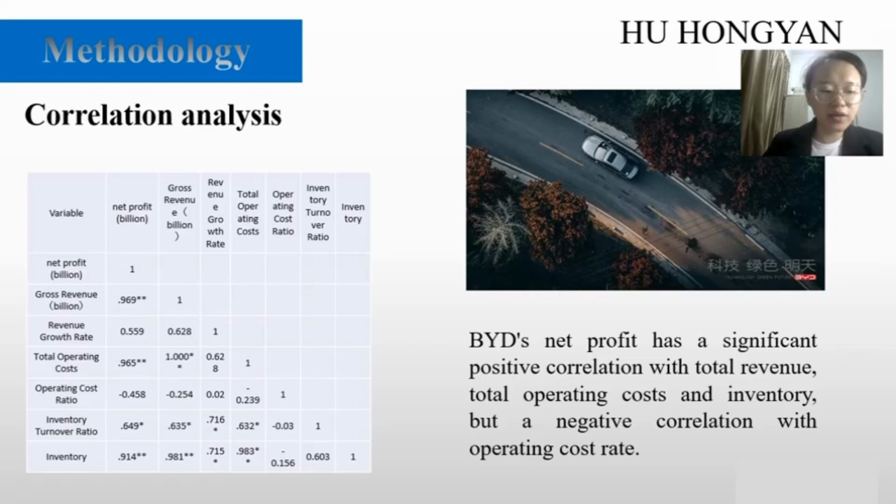In addition, we can also screen out variables that are highly correlated with net profit, reduce multicollinearity problems in regression models, and improve the accuracy and explanatory power of the model. From the table, we can see BRD's net profit has a significant positive correlation with the total revenue, total operating cost, and inventory, but a negative correlation with operating cost rates.